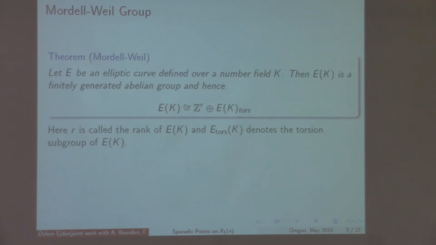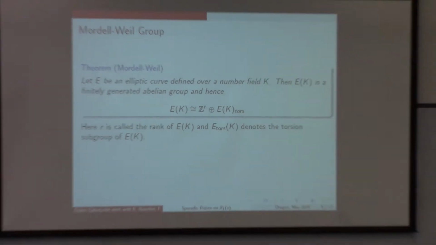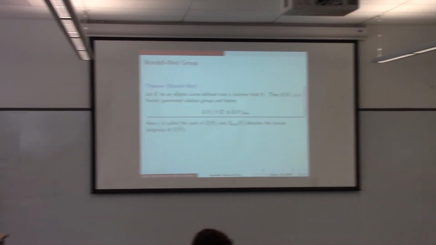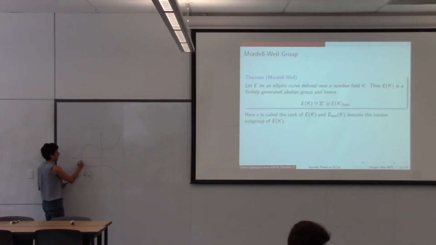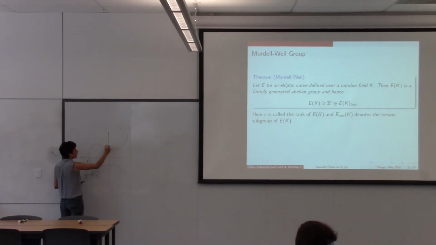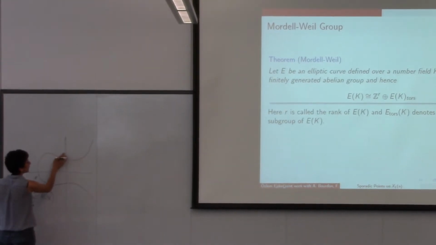So elliptic curves are special in the family of curves in that we can define an addition on the set of points on this curve. This means that if we take 2 points on an elliptic curve, then we can define a third point. Let's say this is my elliptic curve E, given by y squared equals f of x, and I take 2 points P and Q here.